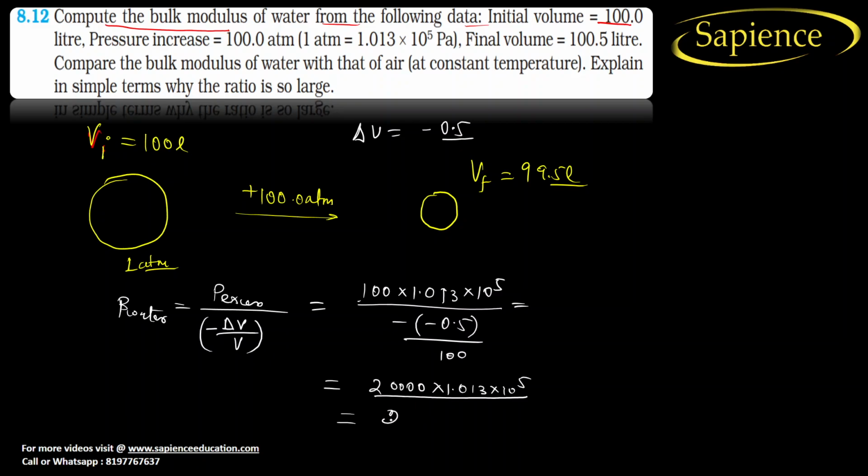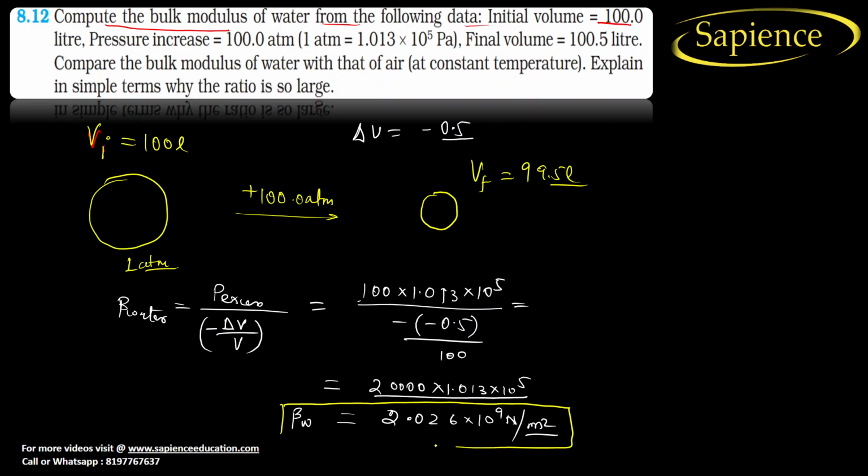So finally we will get 2.026 into 10 to the power 9 Newton per meter square. So we have got the bulk modulus of water. Whatever they are asking, we have done this, the bulk modulus of water.